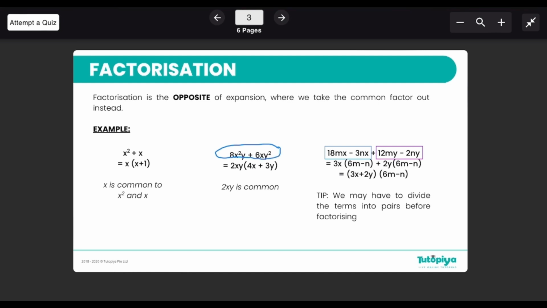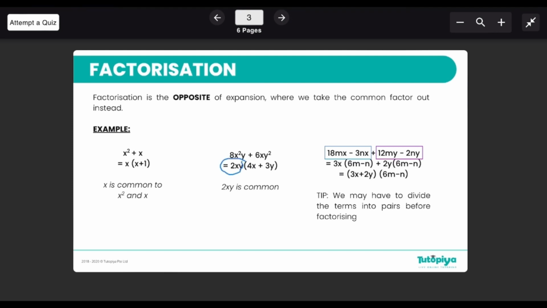Similarly, if you look at the second one where we have 8x squared y plus 6xy squared, you can see that the common terms are 2, because 8 and 6 have factors of 2, and x squared and x, we can take out a common x there, and y squared, we can take out a common y there.